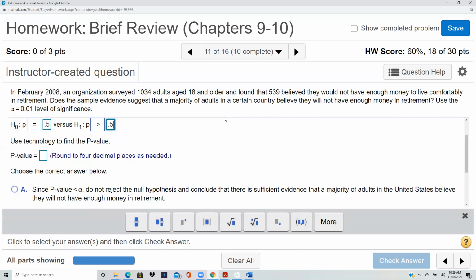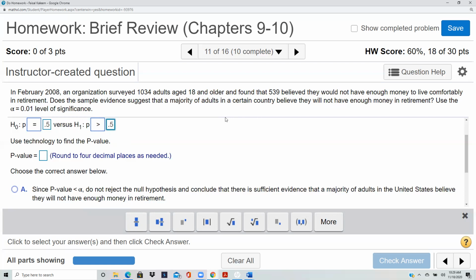Okay, and now, would we use... I'm really not sure which one we would use to find the p-value.